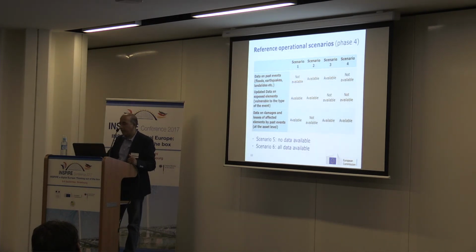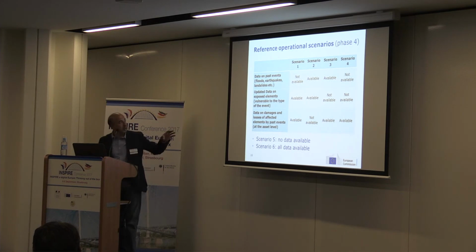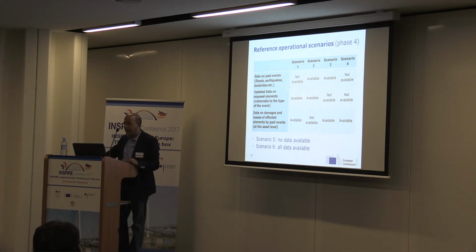In this simple matrix, on the first column, have been identified with a civil protection expert the three main categories of data needed to make such kind of assessment. Data on past events, updated data on exposed elements, and data on damages and losses of affected elements by past events.